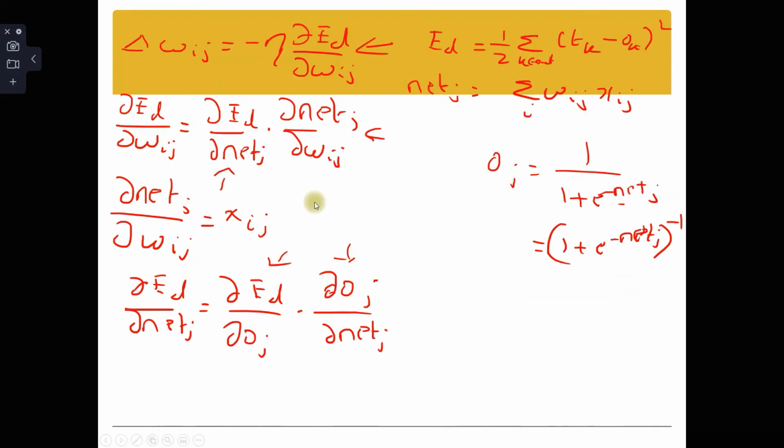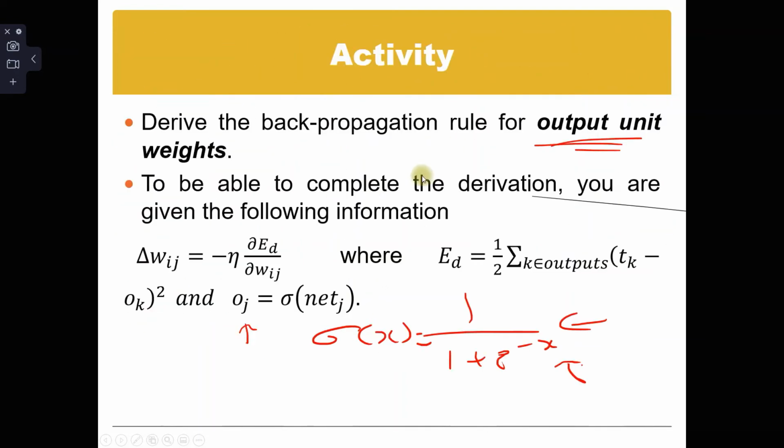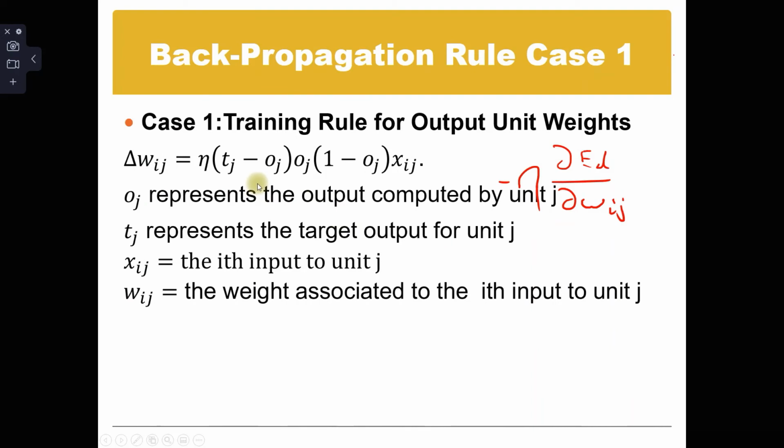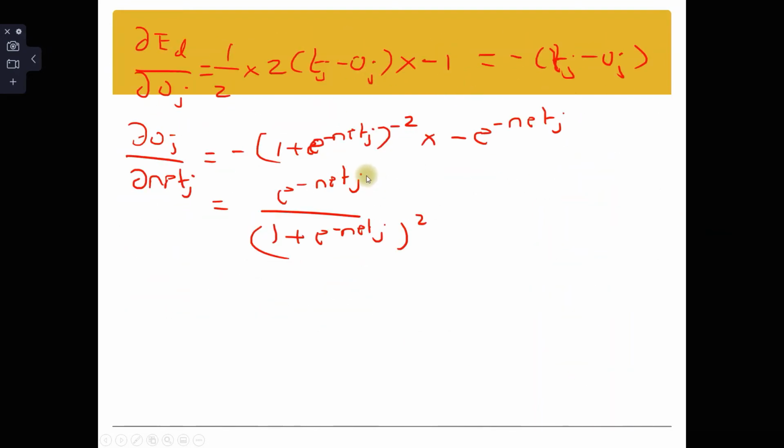We've obtained xij already, and we've obtained tj minus oj. The only thing you see now is that you have something like oj into 1 minus oj that needs to be included in the formula, and this is not the form of the formula that you have here.